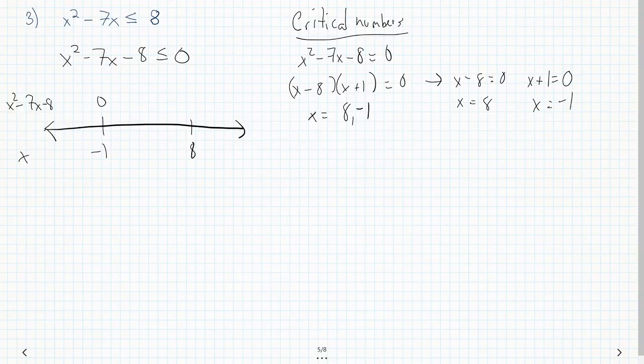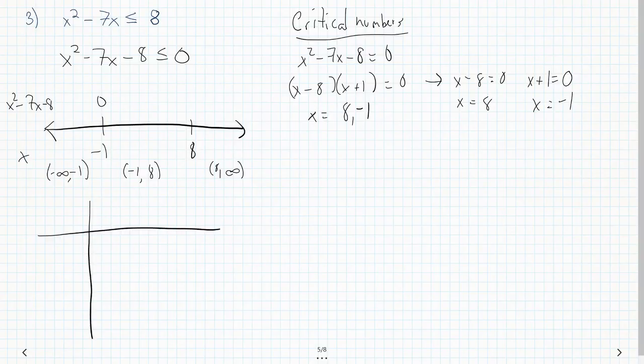And so these are the x values here. So notice we have different intervals. In our intervals of x values, we go from negative infinity to negative 1. We go from negative 1 to positive 8. And we go from 8 to infinity. And those are intervals we're going to test for solutions.